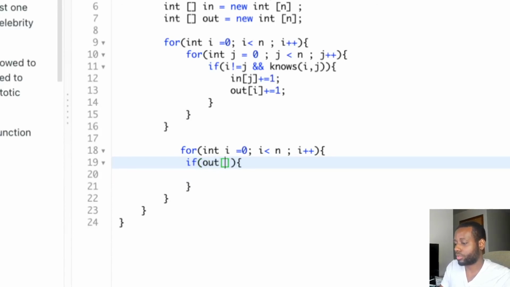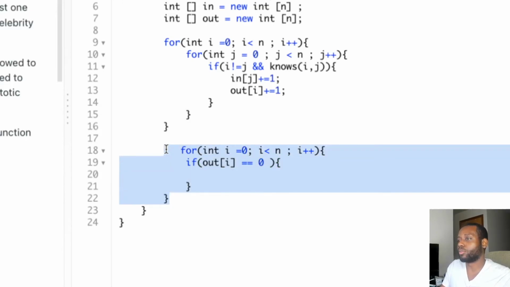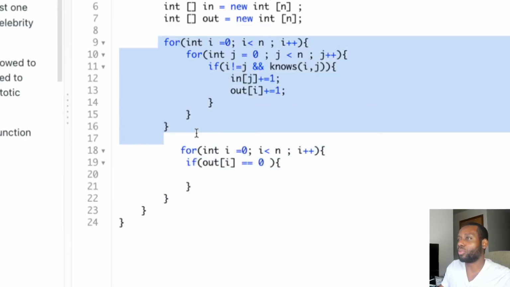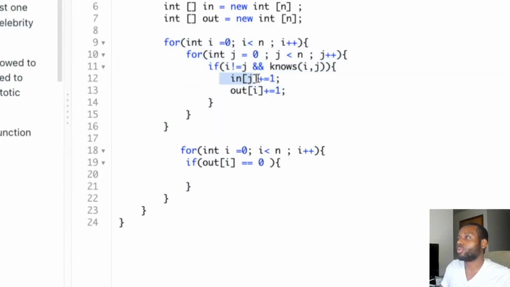So now we've populated the in-degree array and the out-degree array. This is checking, if i knows j, then we increment the in-degree of j by 1, and we increment the out-degree of i by 1.